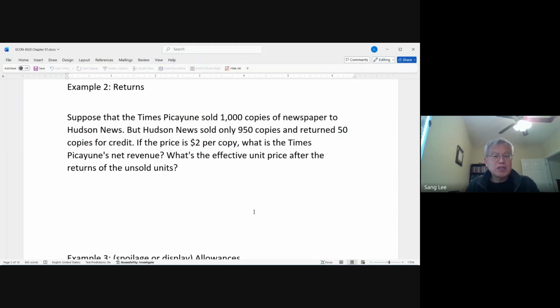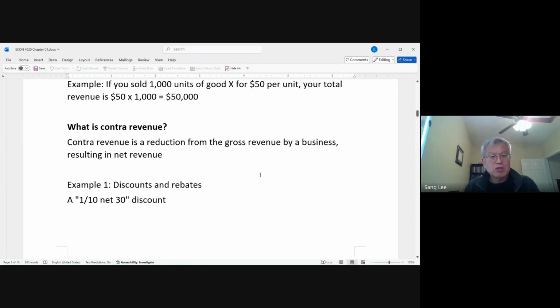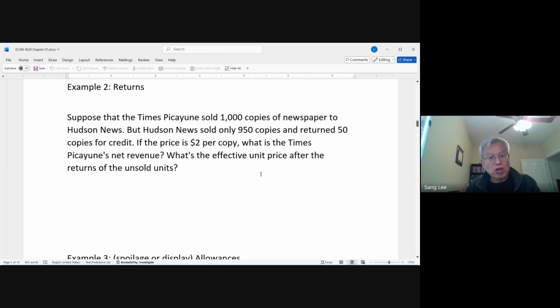The first example we talked about in class was a discount. That means when you offer a discount, that portion of the price would never come into your pocket. So a discount or rebate is an example of contra revenue, and we talked about a 1/10 net 30 discount.